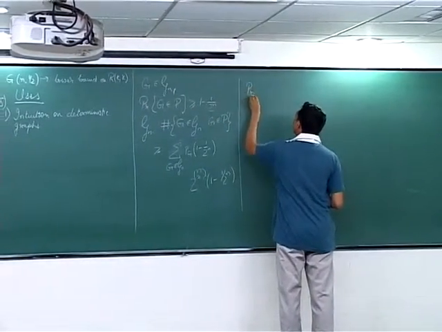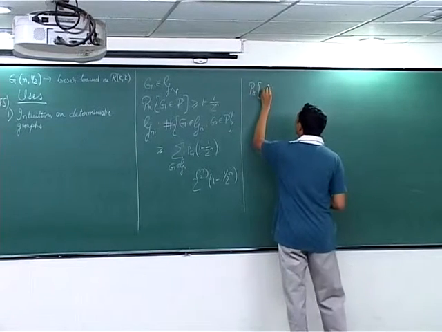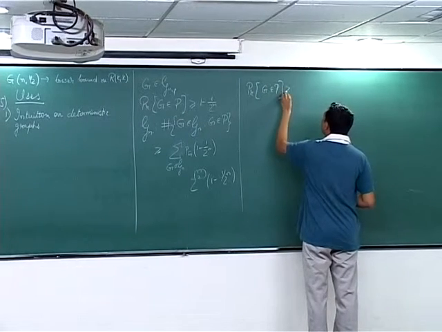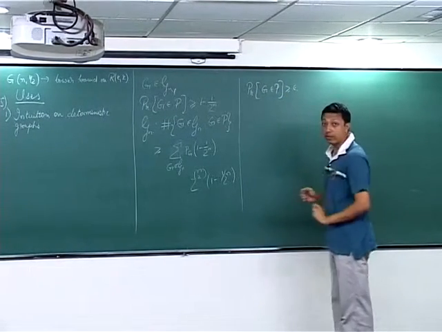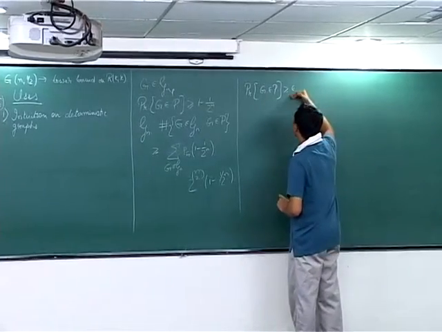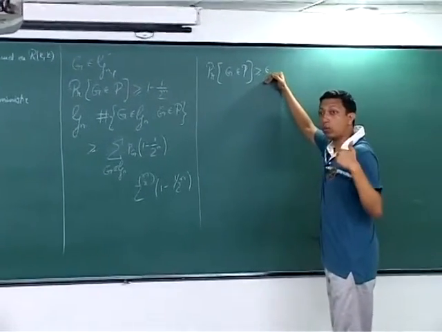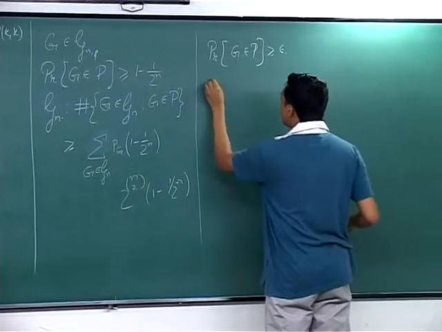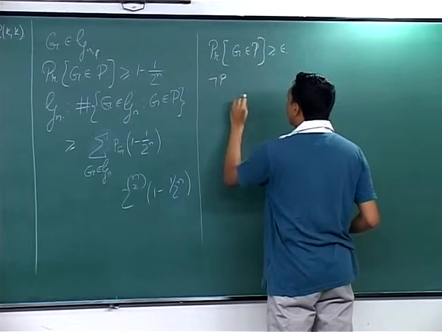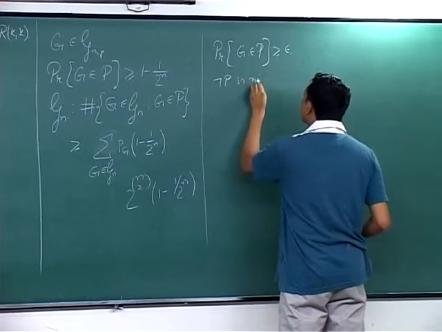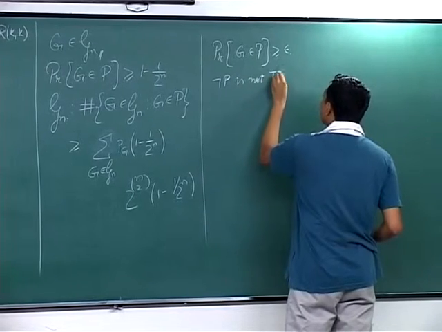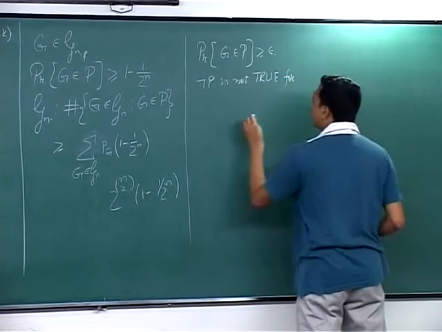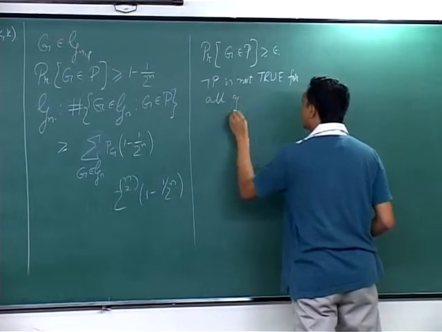On the other hand, if you can show that the probability that G satisfies P is at least some epsilon, where epsilon is a constant, then it would mean, like I talked about yesterday, that the negation of P is not true for all graphs.